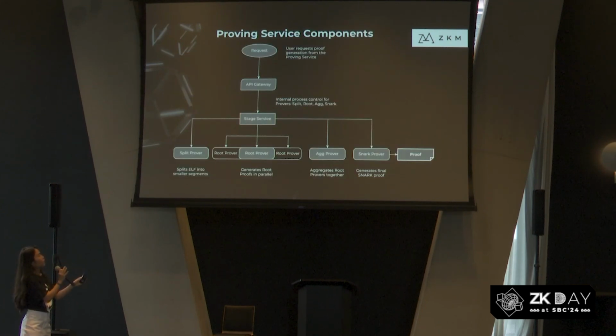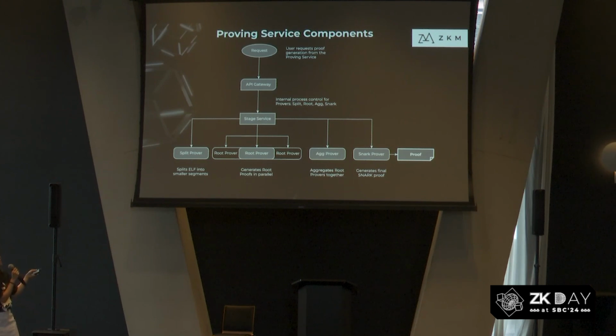And in terms of the components of the proving service to help with the proof composition that we just saw in the previous slide, as our first step, you, the user, would request that proof generation from the service. From there, the address that you use has to be on our whitelist in order for your request to be granted.